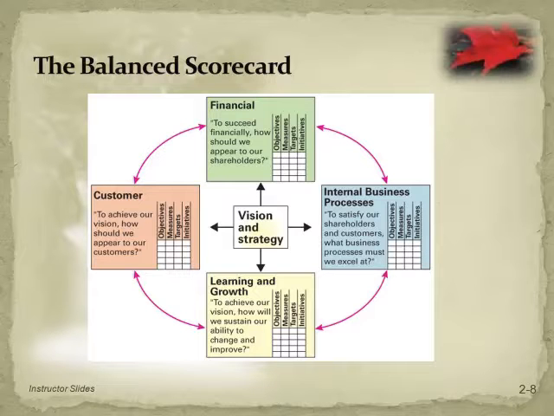Are there other things that we could measure besides grade point average? The answer is yes. We could measure the students' involvement in the community. We could measure students' involvement in service organizations within the university as well as other things. So we can take this concept of a balanced scorecard and apply it to a university student as well.